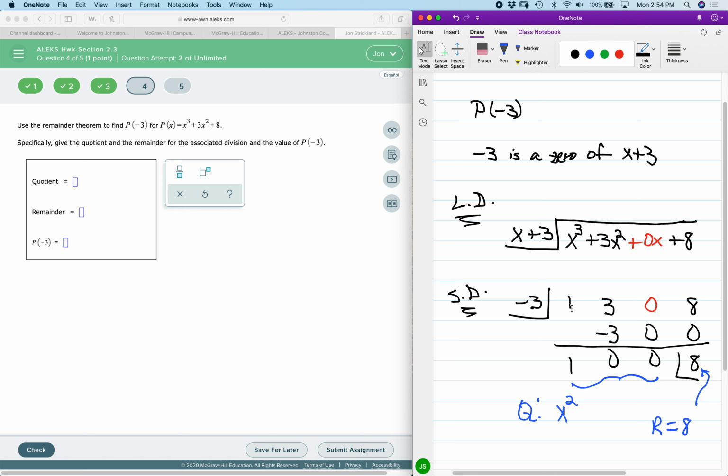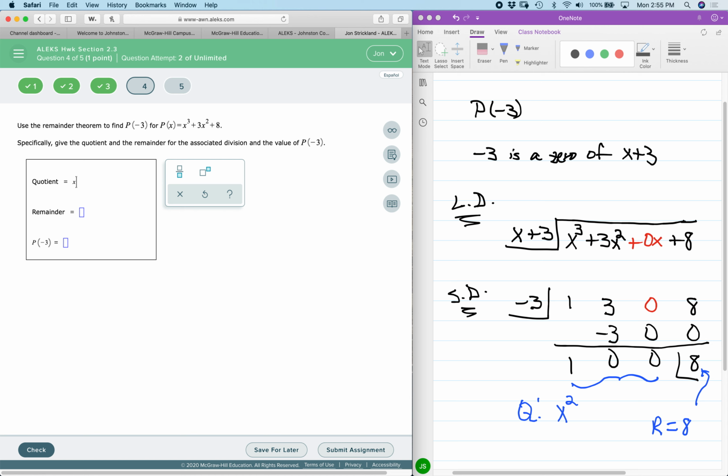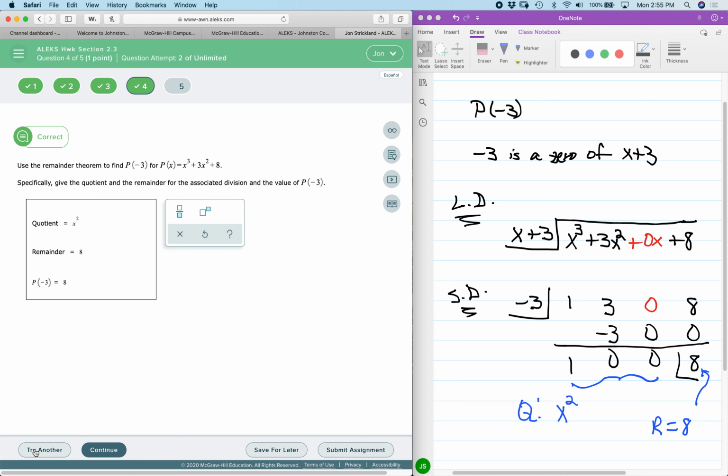Now the quotient comes out to x squared, and the remainder is equal to 8. And guess what? Whatever the remainder is going to be is the function value at that particular inserted 0. And we have p of -3 is also 8. So in terms of checking, that is correct.